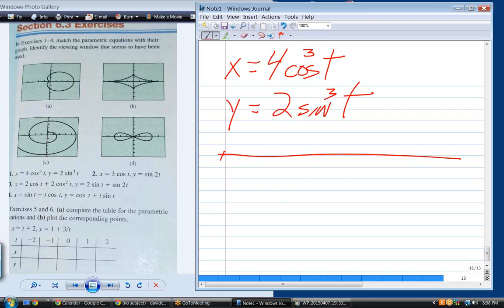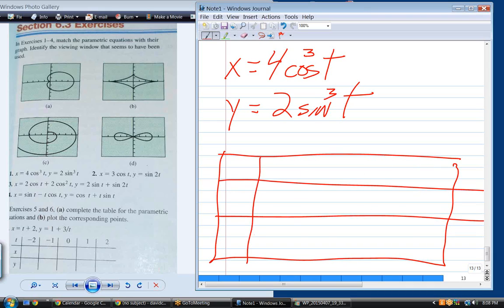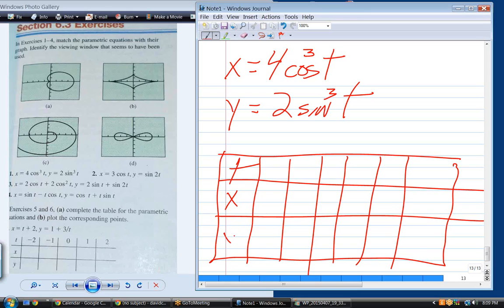Let's make our table. Here's t. What kind of increments am I going to use? Be using like pi over 2. Yes, exactly. So let's start with minus pi over 2.